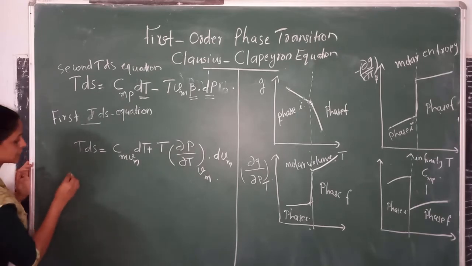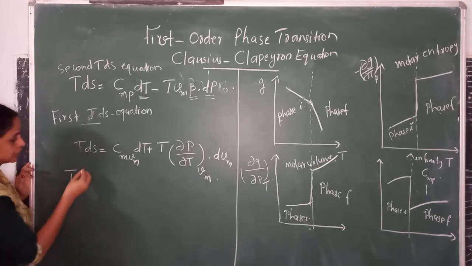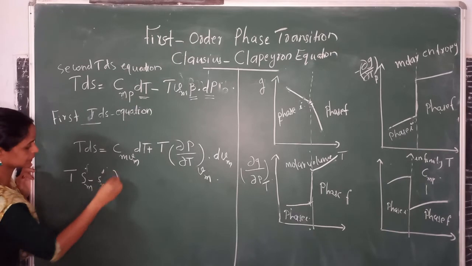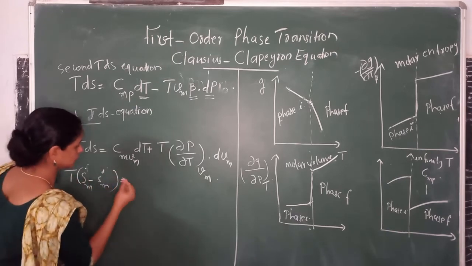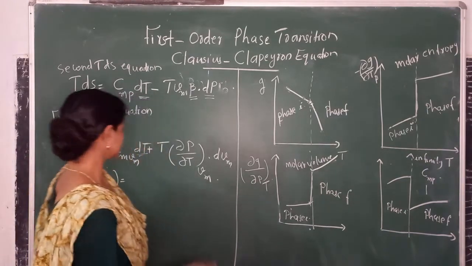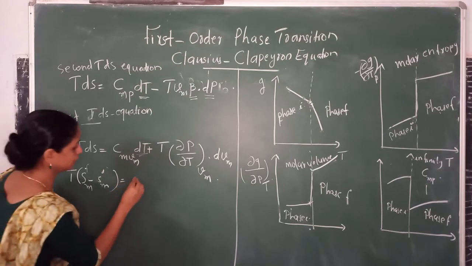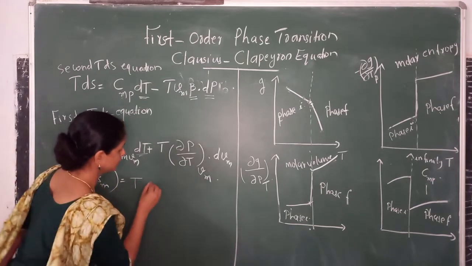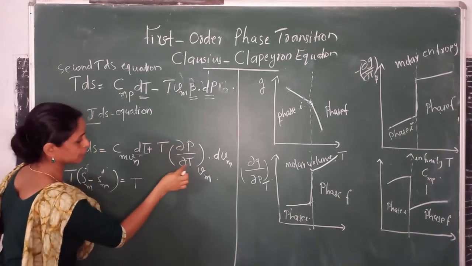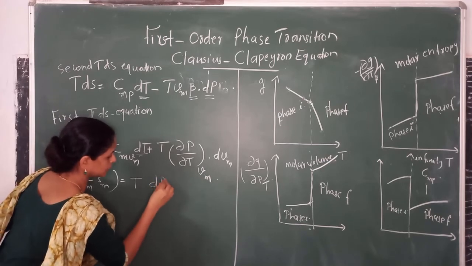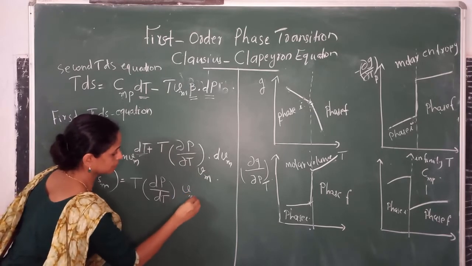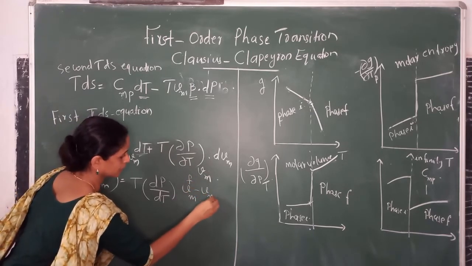So we can write this as T into SF minus SI, which is equal to, since dT goes to 0 during the phase transition, T into, since this is a function of T only, dou P by dou T at Vm as dP by dT, then Vm as Vmf minus Vmi.